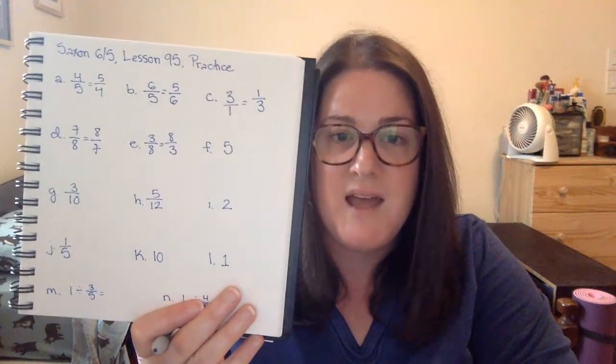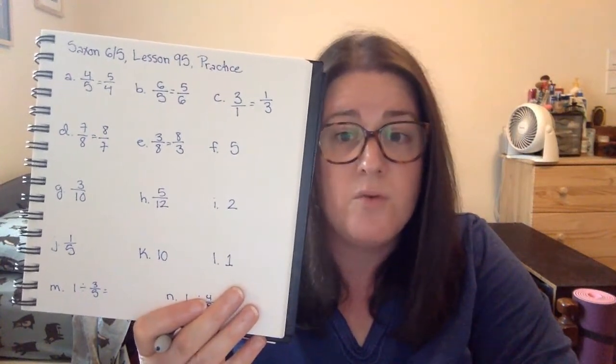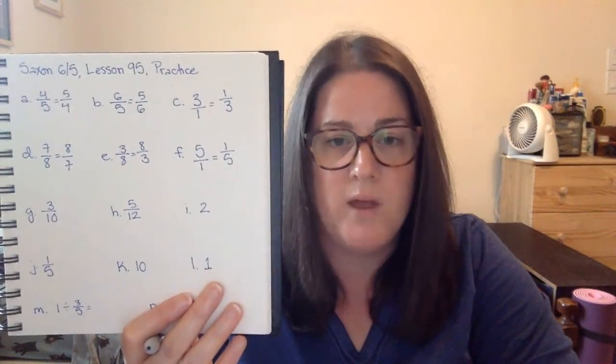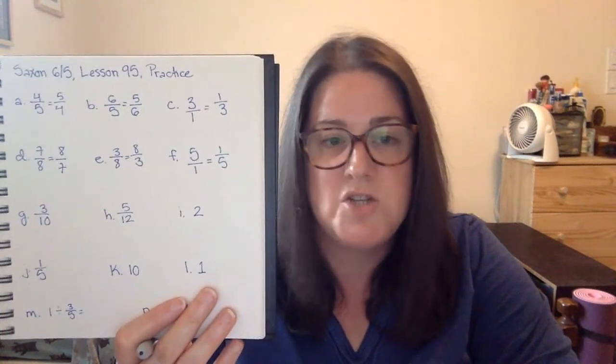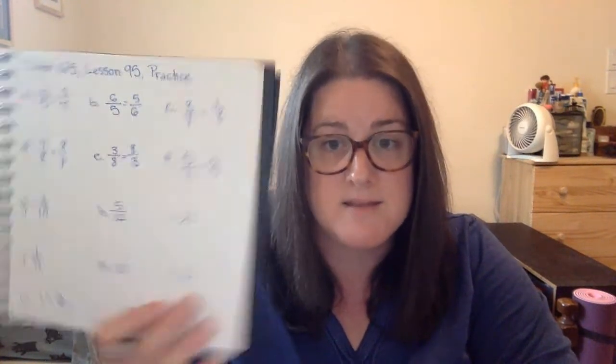F is 5. So 5, we are going to turn into 5/1. The reciprocal, when we invert that fraction, is 1/5. G is 3/10.